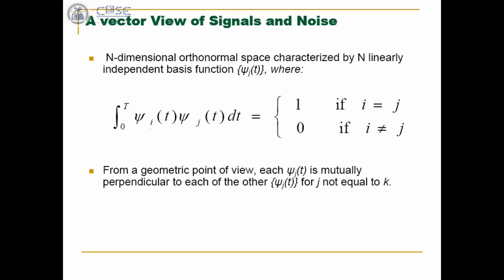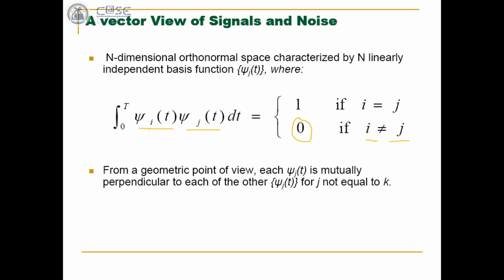If these two signals, psi i of t and psi j of t, are orthogonal to each other, then they are totally independent of each other and will have no correlation. Their multiplication and integral over the orthogonality period will give you the result 0 when the signals are different, that is when i is not equal to j.